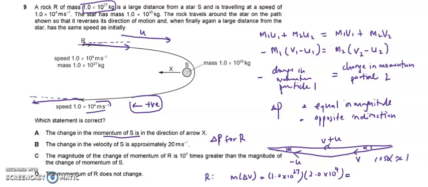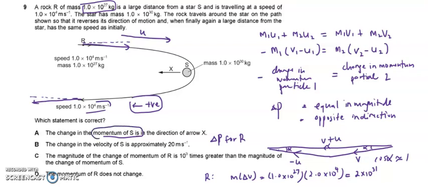That will be the change in velocity. Multiplying these two, we get 2 times 10 to the power of 31. Okay, so now for A, the change in momentum of S.